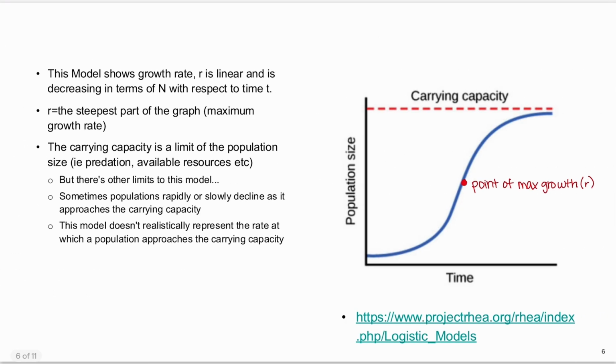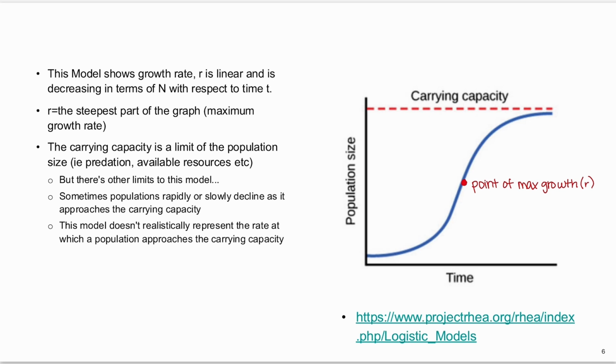Now, this model shows the growth rate is linear and is decreasing in terms of N with respect to time t, as you can see on the example graph on the right. This is usually how logistic growth models look. R is going to be at the steepest part of the graph. R, remember, is the maximum growth rate, so it's going to be where the population size is changing at the fastest rate.